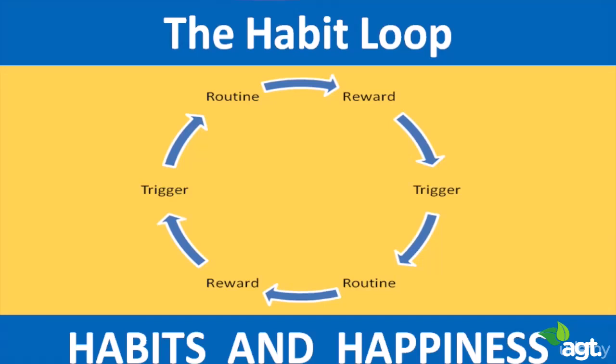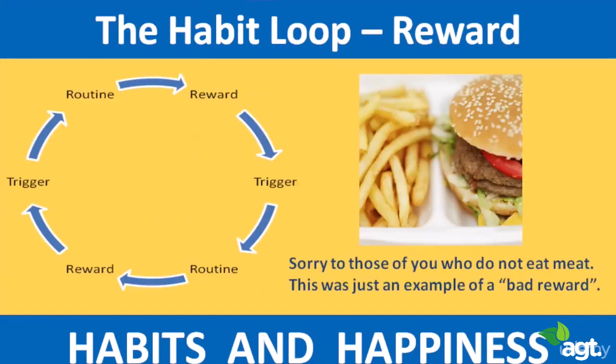But here's the problem. Your brain will give you a reward regardless of whether your habit is good for you or bad for you. Now, that is the problem because, let me give you an example. Let's say you just love a big juicy hamburger.